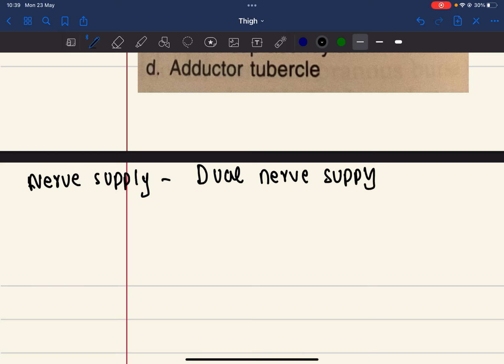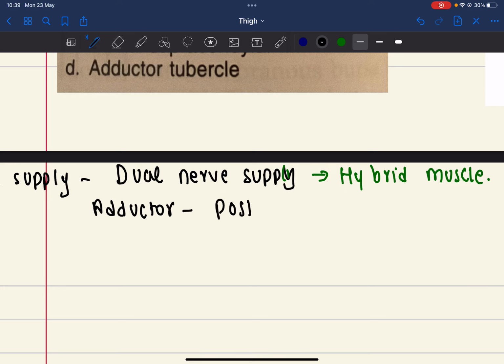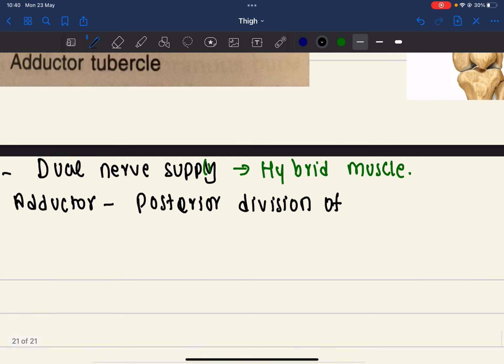So त्यही भएर यसलाई चाहिँ के पनि भनिन्छ भन्दाखेरि it is also called hybrid muscle, because of its dual nerve supply. यसको adductor part it is supplied by the posterior division of obturator nerve.